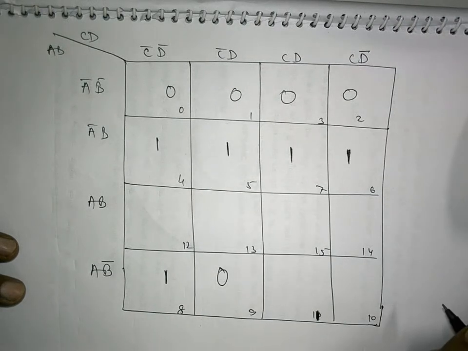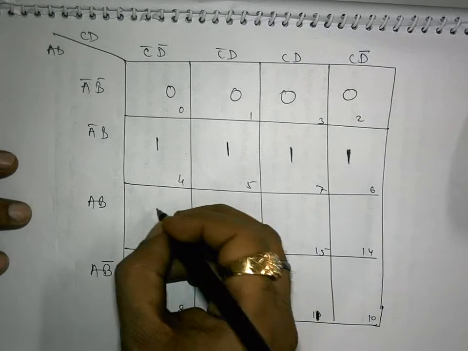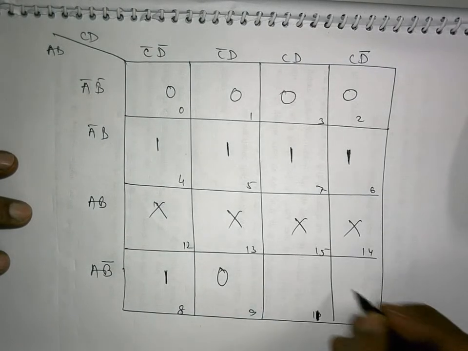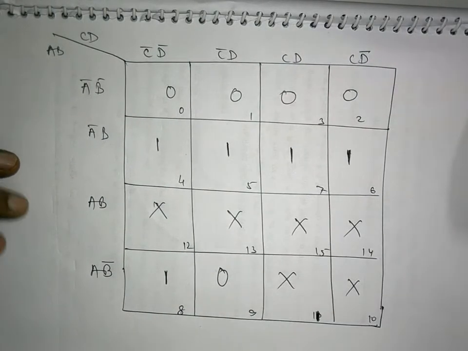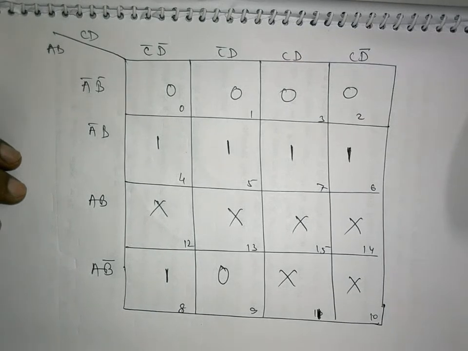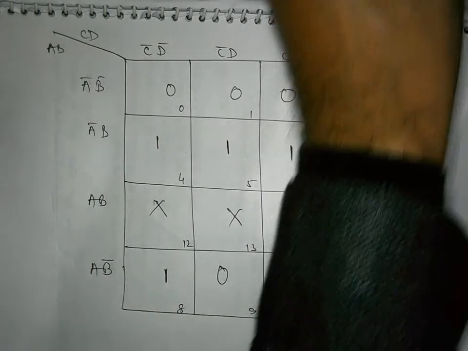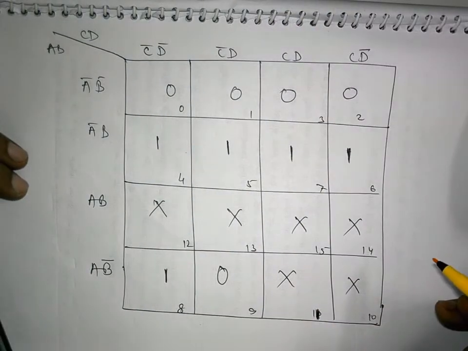Okay, you look at the truth table, and in the rest of the cells it is don't care. So if you are opting for the sum of product realization, you will focus on 1s and don't cares, whether they can form larger groups or not. So how can one form the largest group incorporating don't cares in this map?